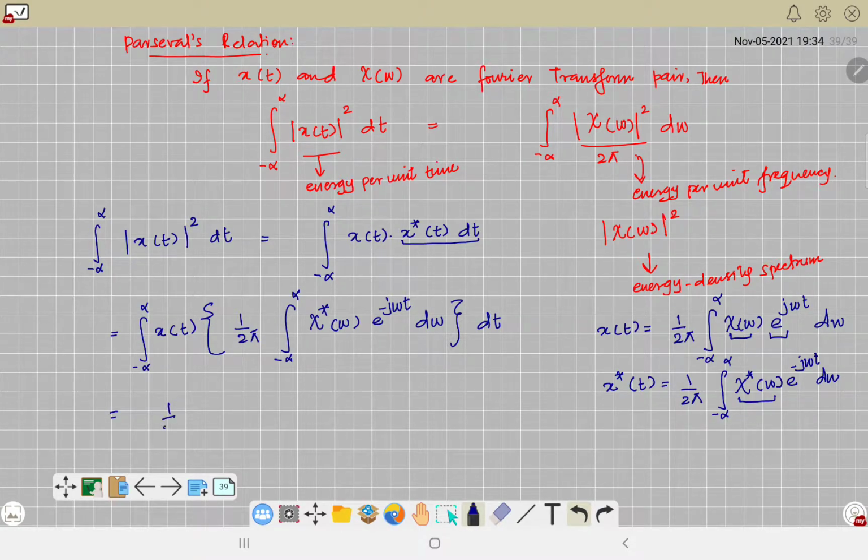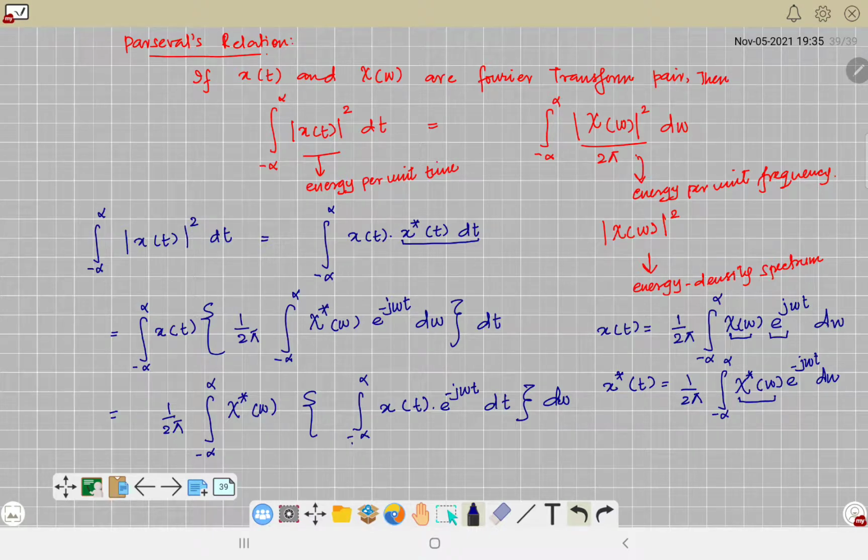So we'll take 1 upon 2 pi outside, have the integral minus infinity to plus infinity for omega first, then within brackets I will have minus infinity to plus infinity x of t e raised to the power minus j omega t d of t.